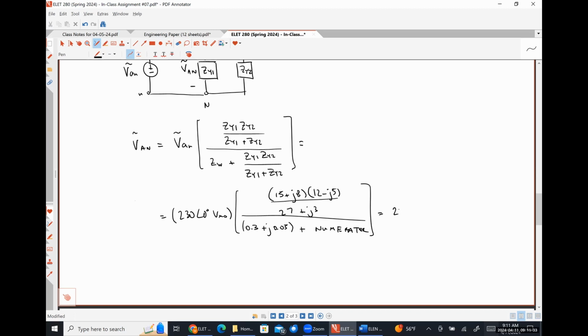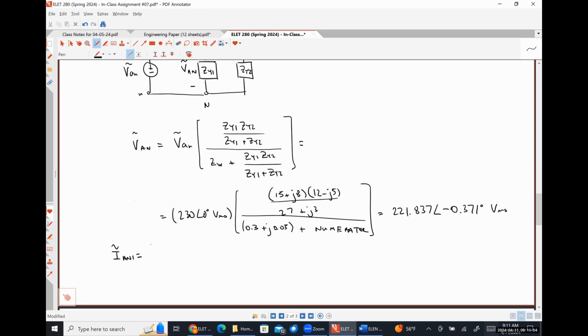I got 221.837 with an angle of negative 0.371 degrees, volts RMS.